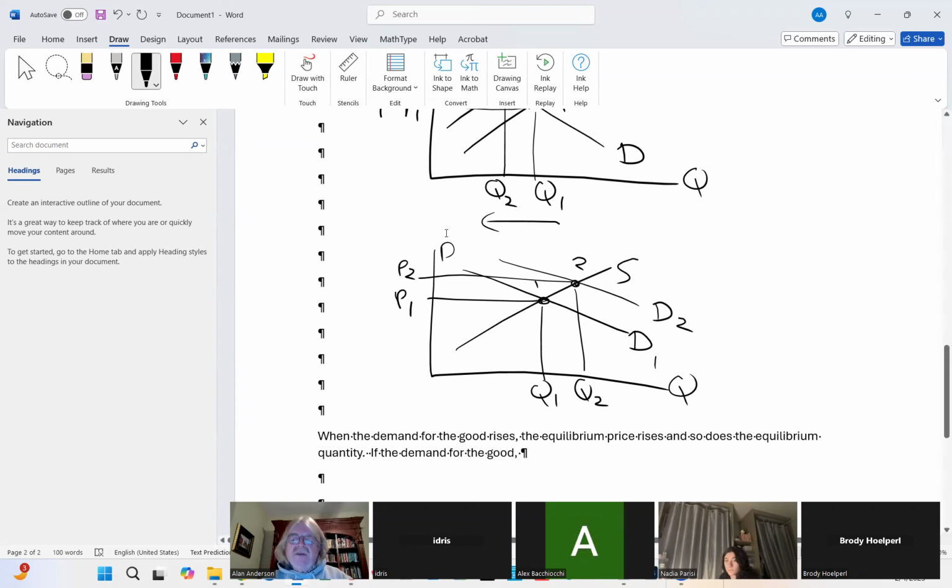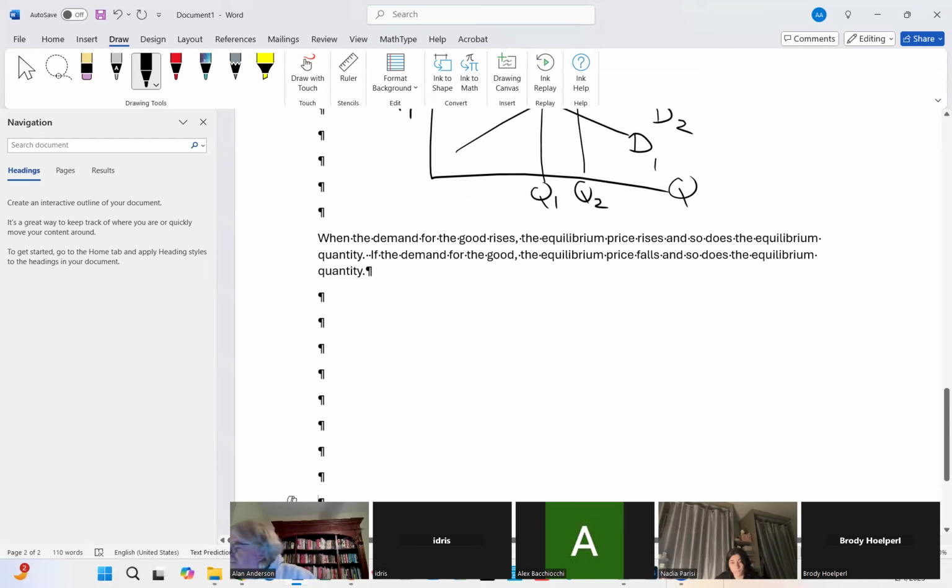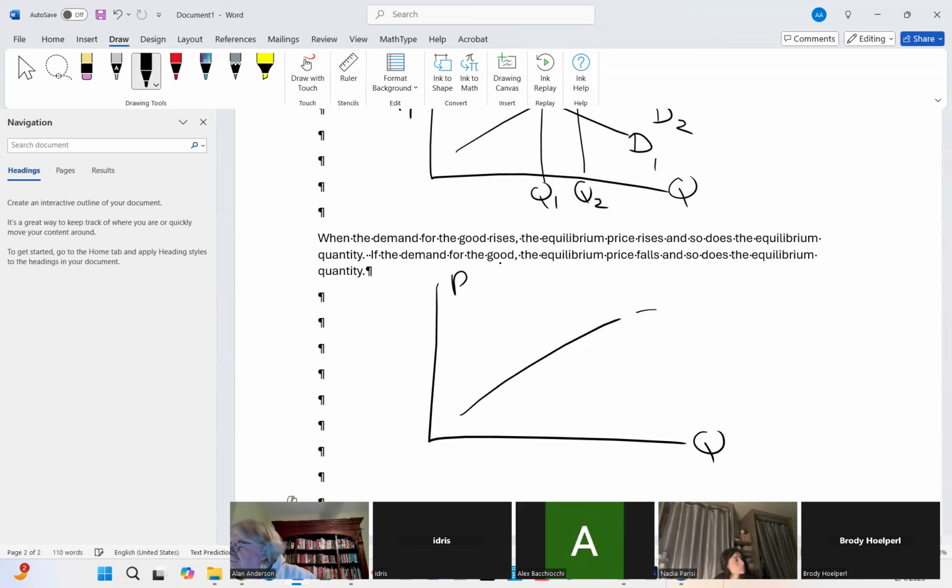And then, of course, if the demand falls, the reverse happens. The equilibrium price falls, and so does the equilibrium quantity. For certain types of products, people realize that it's very unhealthy, for example, and they want to buy less of it.